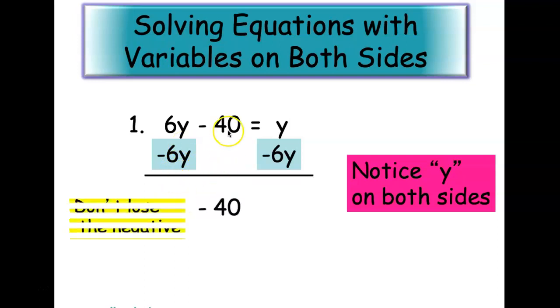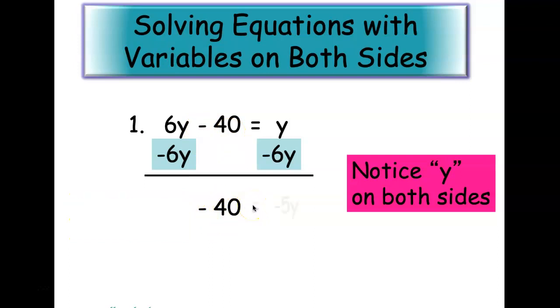But then you put the minus 40, and don't lose that minus symbol, the one that's on the left of 40. Minus 40 over here, have the equal symbol, and 1y minus 6y is like 1 minus 6. 1 minus 6 is negative or minus 5y.